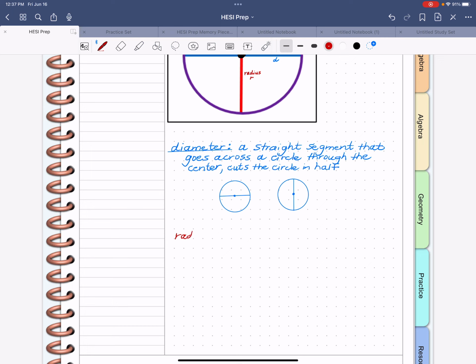Radius is a segment that goes from the center point to a point on the circle.